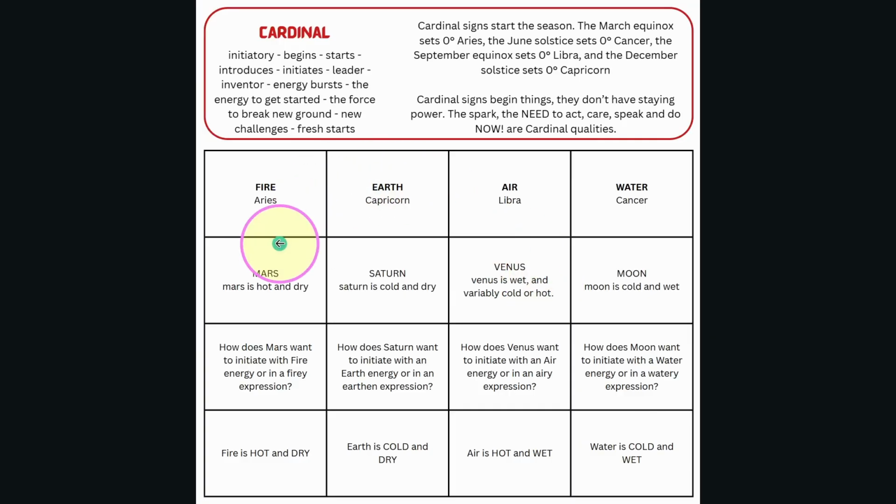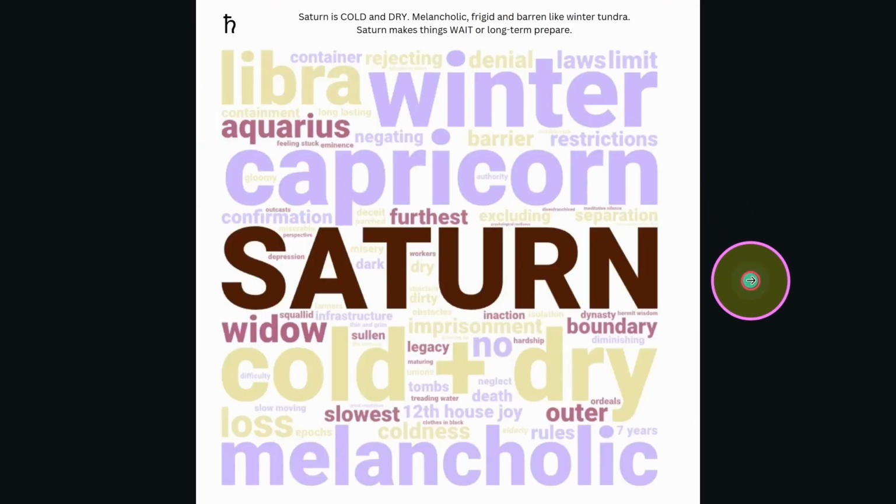So there are many ways you can look at it, and then finally you can look at it from the point of view of the planet. So once you're considering, let's say, Saturn, and you know about cold and dry, you have an idea about the signs that Saturn rules, Capricorn and Aquarius, and the sign that Saturn has its exaltation in, which is Libra.